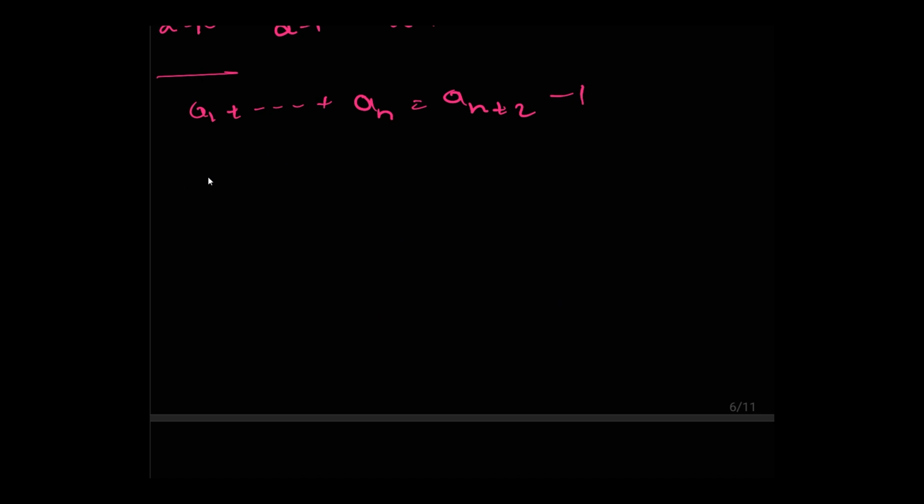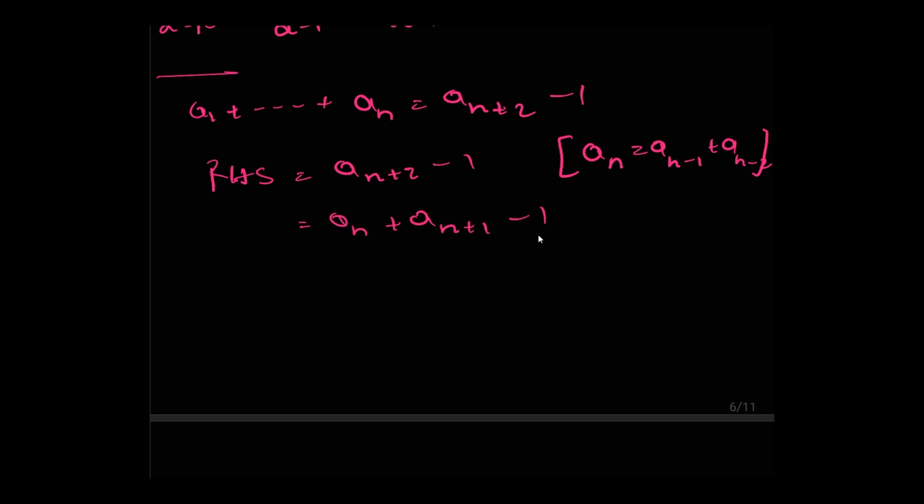Take RHS: a_{n+2} − 1. We know that a_n = a_{n−1} + a_{n−2}. From this, we can write it as a_{n+1} − 1.